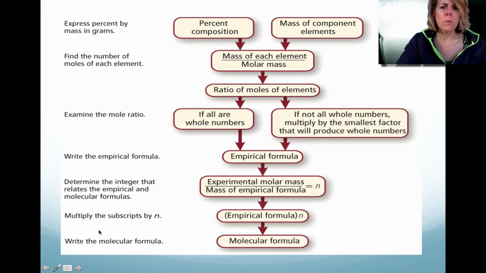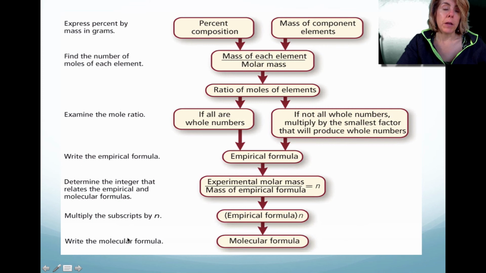Okay, so here's a little flow chart that I will share with you. So notice that for percent composition, you want to convert it to grams, and then you're going to divide it by the molar mass of each element, and you'll get some moles, and you're going to pick the smallest moles out of that grouping, and then convert it to a ratio.